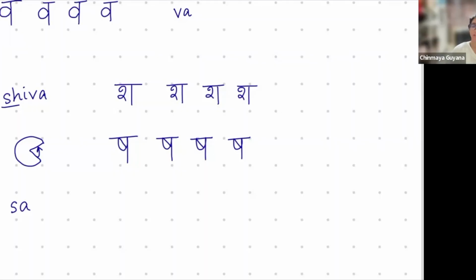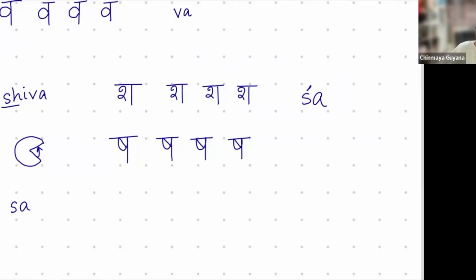Shesh, shesh, Lakshmana. That sha is this one, right? In transliteration, it is written S dash. If you see S dash, that is a sha. It has a little hat.